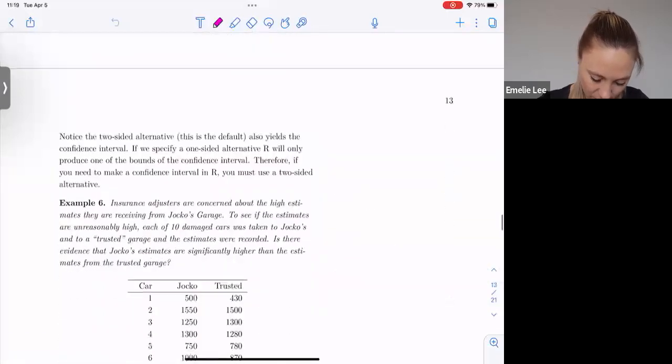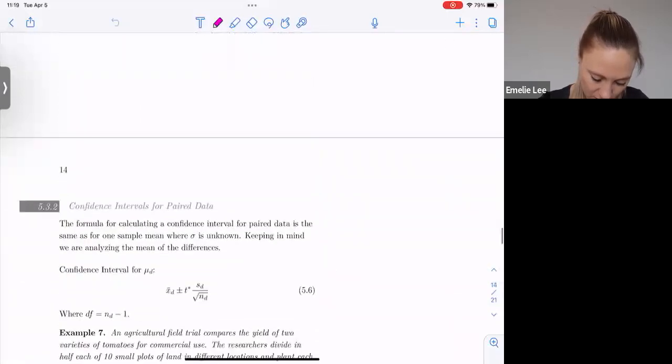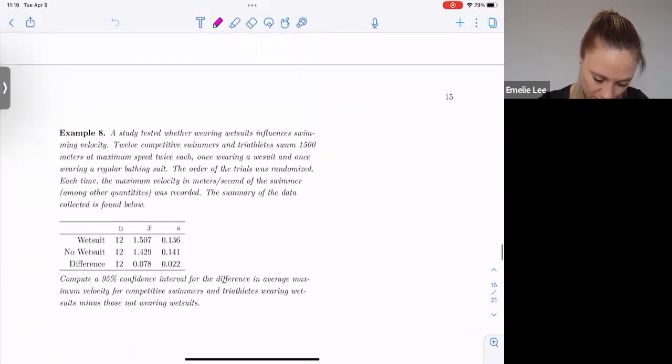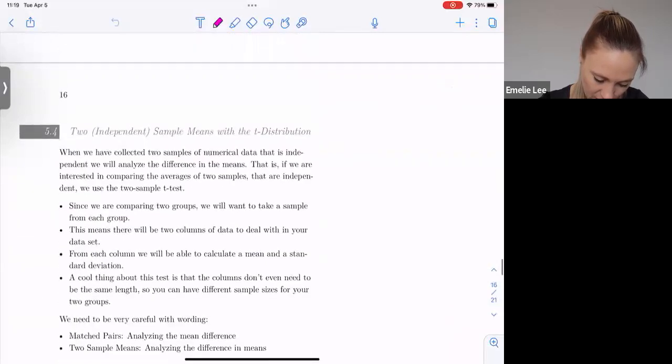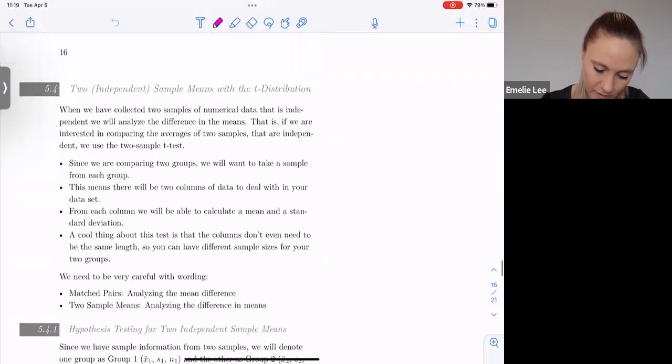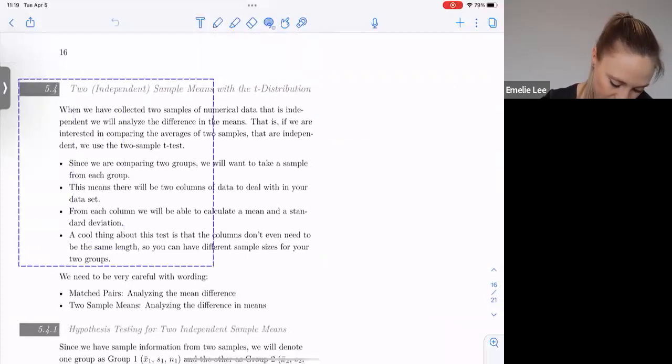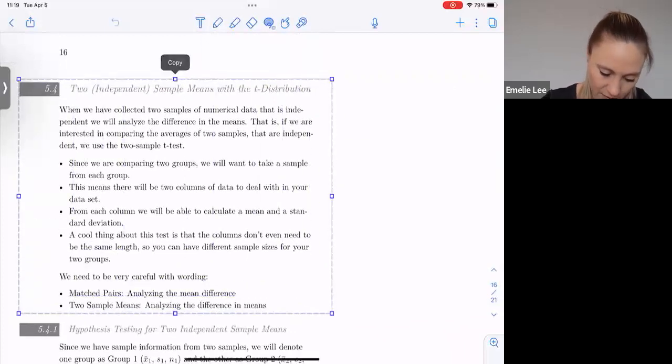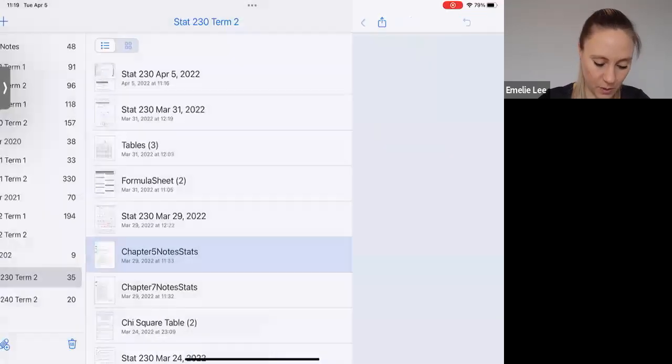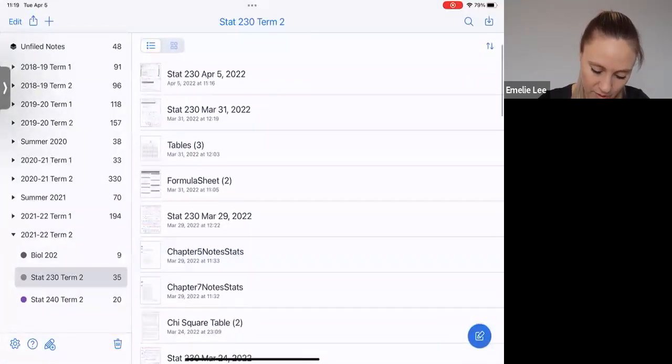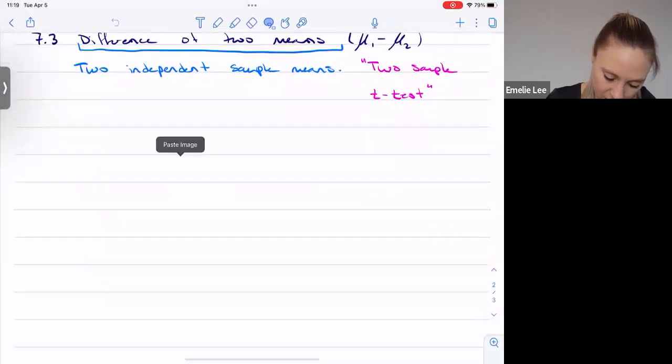Let's see here. I wanted to go to here. So I'm going to steal this whole blurb, and remember, you've got it posted on Moodle.